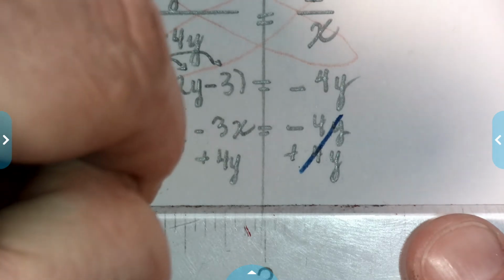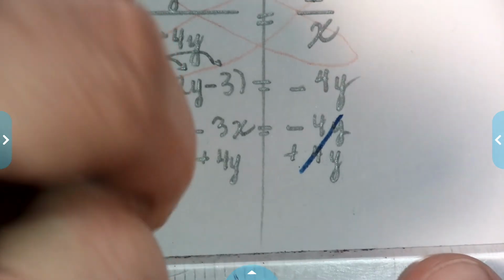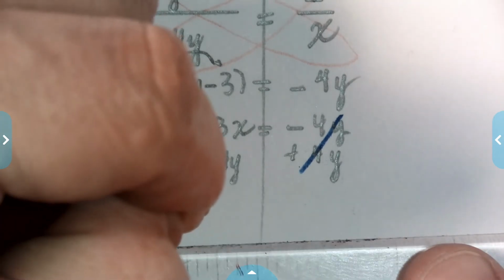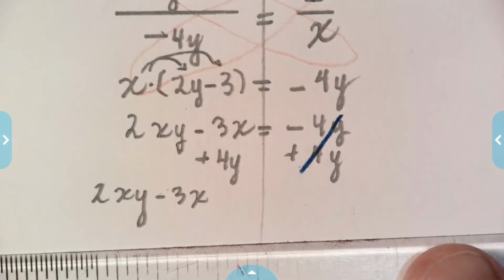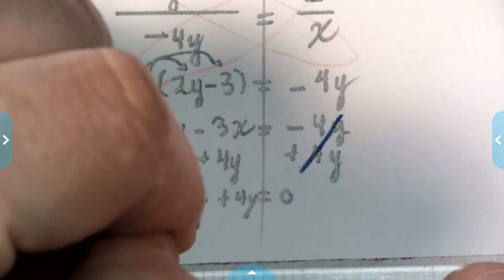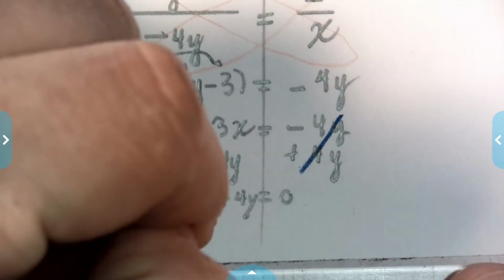2xy minus 3x plus 4y equals 0. All right, and now I'm going to start moving my x's to the right side by adding 3x to both sides.